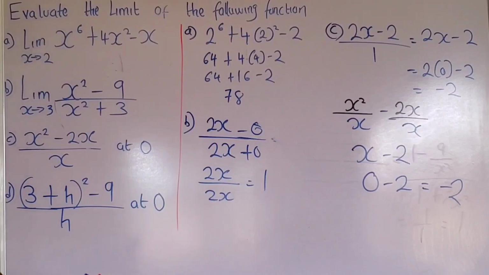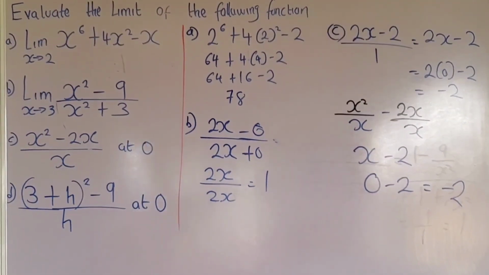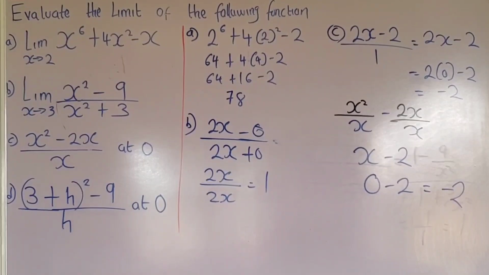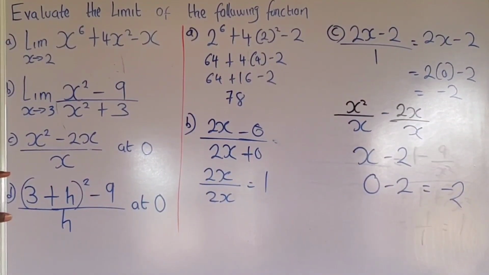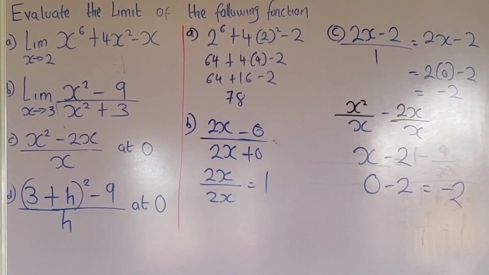So if you come across this kind of question in an exam, just use the method that is more suitable for you. I'm very sure you can test. I want to check question number 4. Tell me the method that is more suitable.